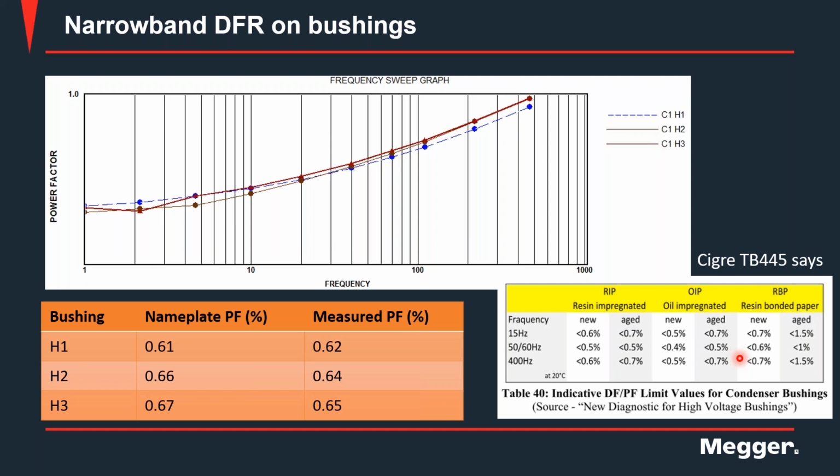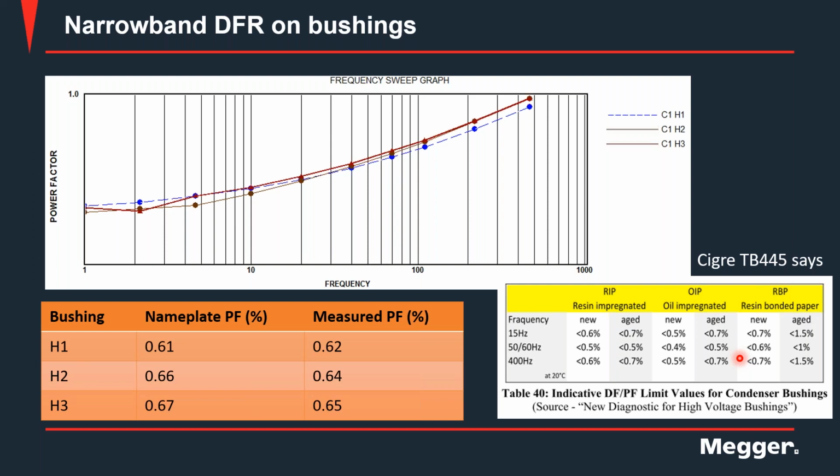If you go to look for limits on variable frequency power factor testing, it's still a relatively new topic compared to traditional power factor, which has been around for 100 years. You won't see too many limits. One set of limits that I have for you here is from the Cigre technical brochure 445, which deals with maintenance and testing on transformers.